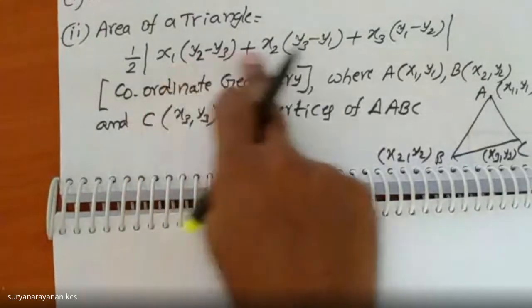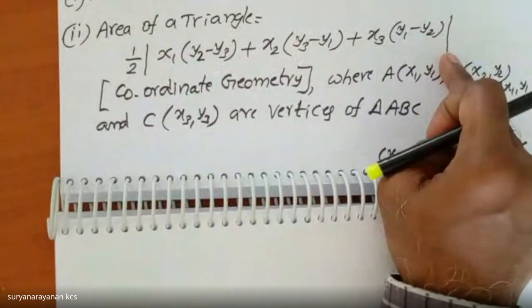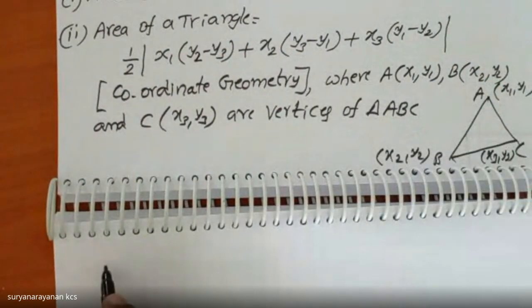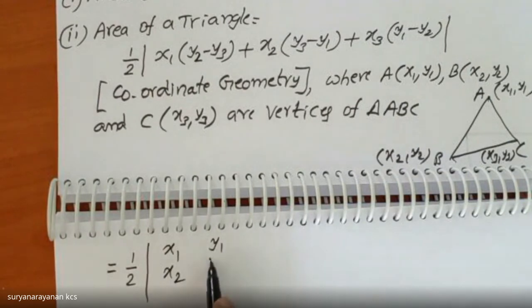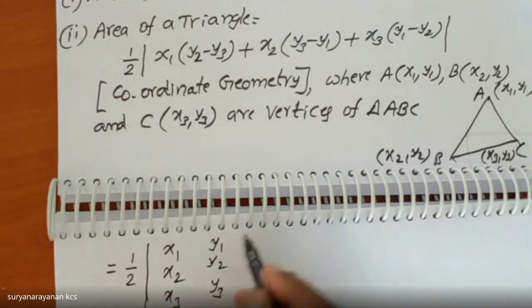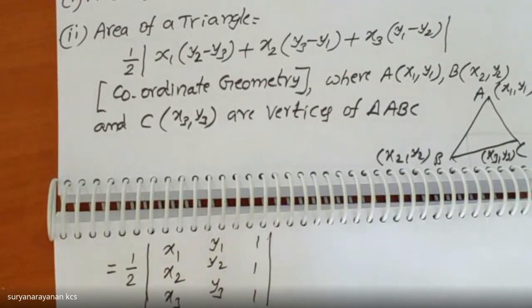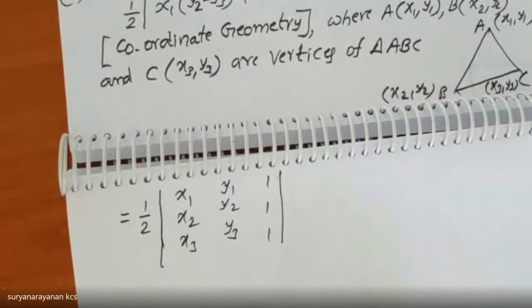So this expression can be written in the form of a determinant: 1/2 into det of x1 y1, x2 y2, x3 y3, and the third column 1 1 1. That's all.